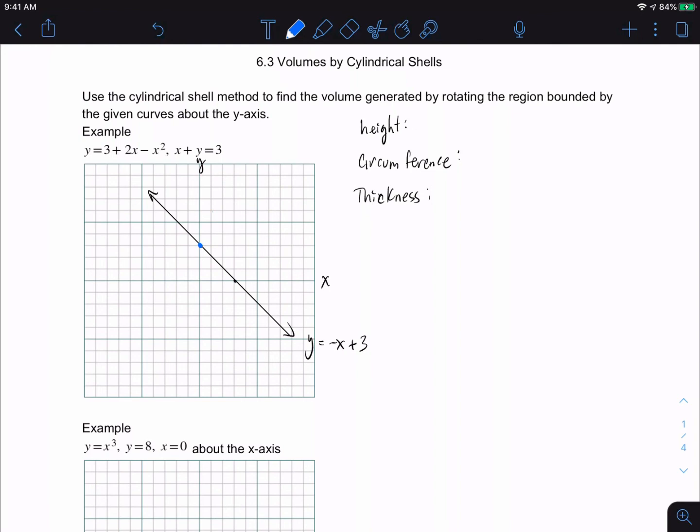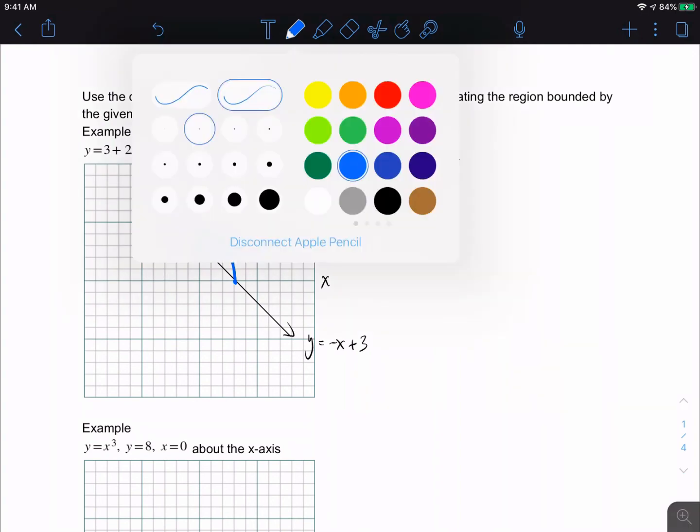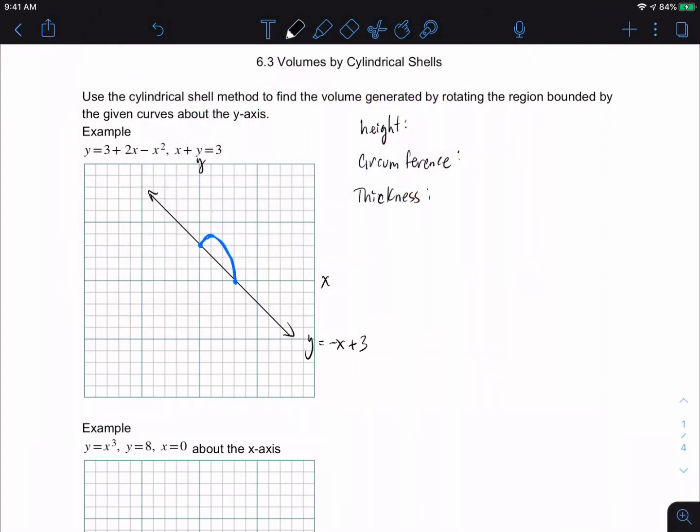It's going to cross the x-axis at 3, 0. And then our parabola is going to do something like this. Okay? And if I'm doing that too fast for anybody, I'll show how to graph that.